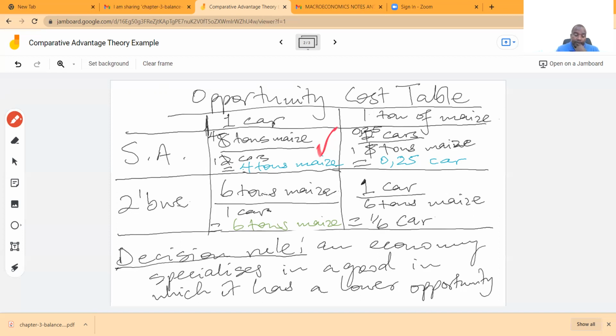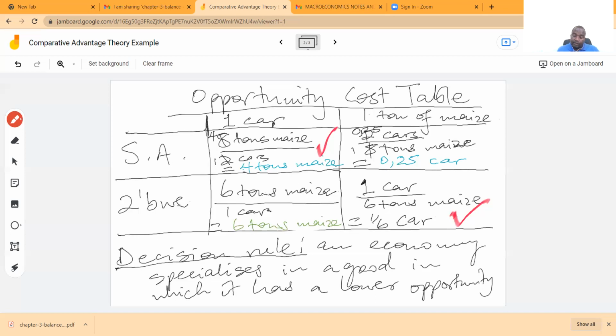Using the same reasoning, Zimbabwe will specialize in the production of maize because she has a lower opportunity cost ratio. She foregoes 1/6 of a car, which is clearly smaller than a quarter of a car, because 1/6 is smaller than a quarter.